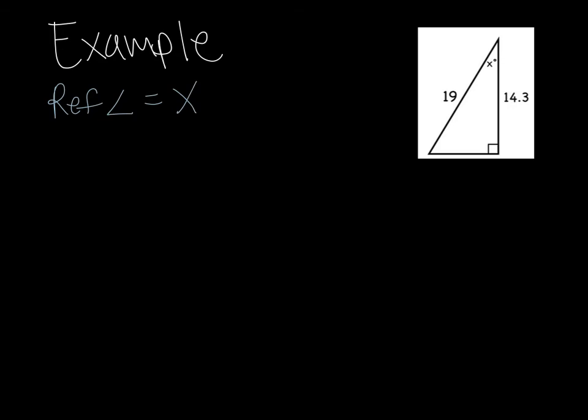We know the side adjacent to that angle is equal to 14.3. And lastly, we know the hypotenuse, which is directly across from the 90-degree angle, is equal to 19.